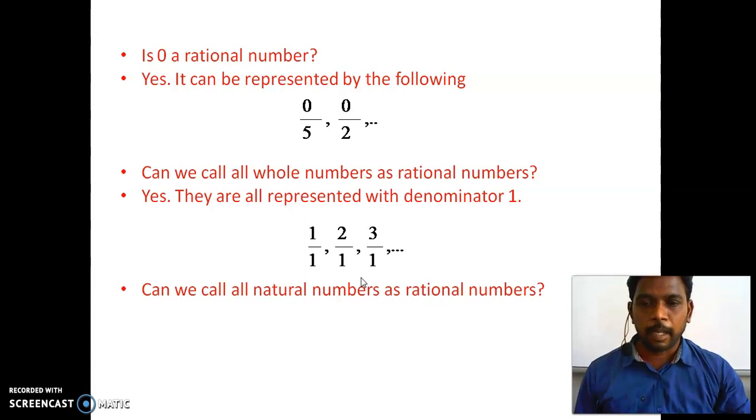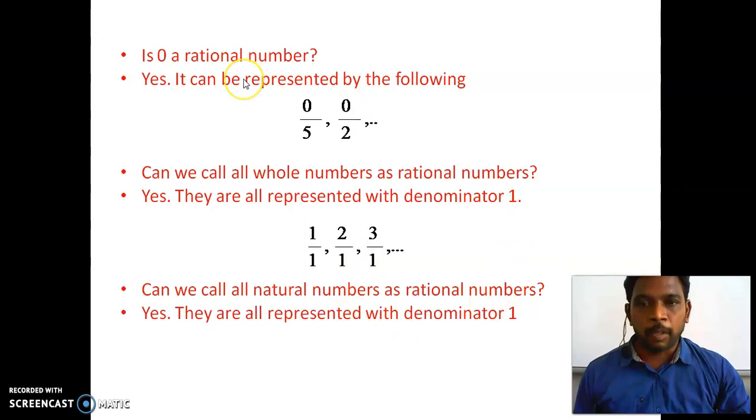Yes, because natural numbers are a part of whole numbers, isn't it? Whole numbers start from 0 onwards with the positive integers, but natural numbers start from 1 onwards, except 0. So except 0, which is already a rational number, the other positive integers are also rational numbers. Therefore a natural number is also a rational number.